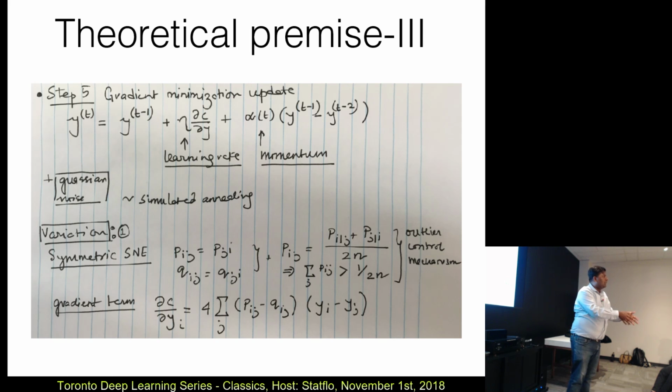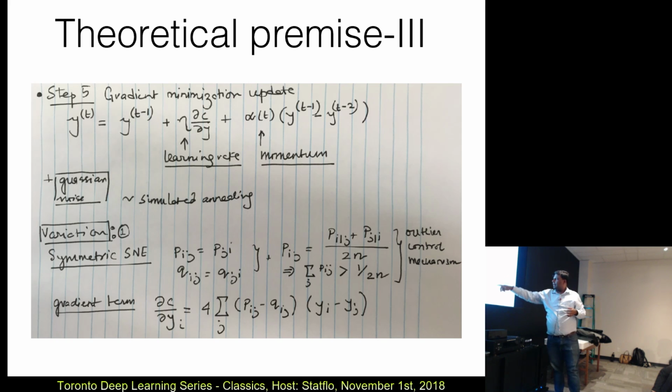They figured out that that was an issue, that once you do this version of symmetric SNE, all the points have equal weightage in the map. That's what they argue in the paper, but I did not completely understand that. So if anybody wants to tackle that.